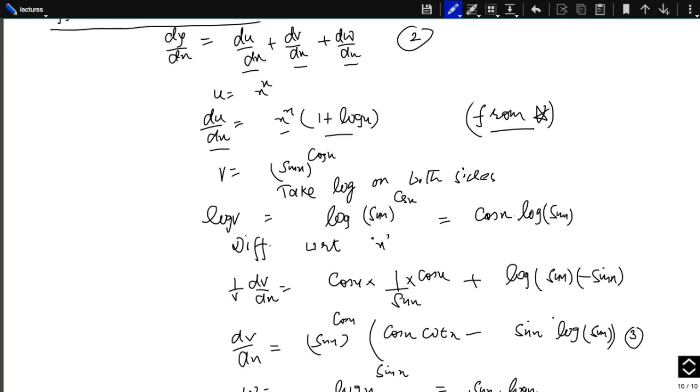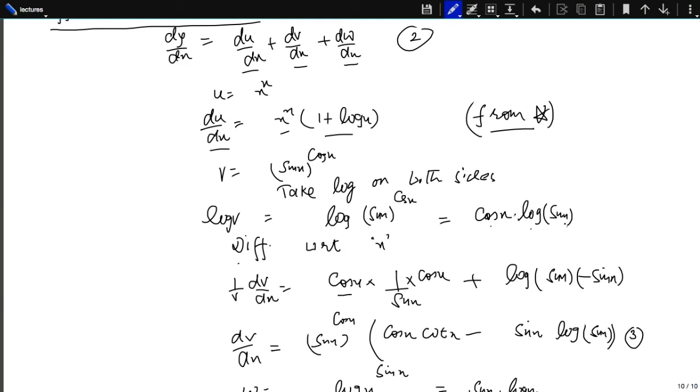We again differentiate with respect to x. Log v, its derivative is 1 upon v dv by dx. Cos x into log of sin x, this is product. First function cos x, derivative of second, that is log of sin x.